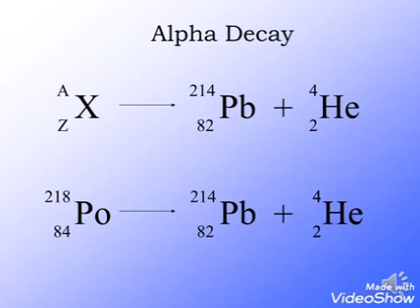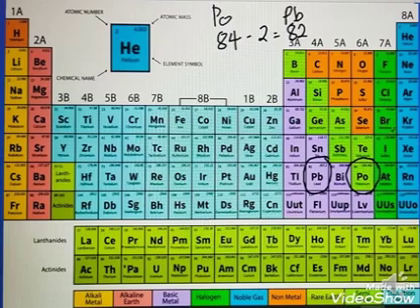Now, let us examine what element in the periodic table has 84 protons and 218 as its mass number. That is polonium. So let us proceed to the next page to find out in the periodic table if this is correct. So you will see here the two encircled elements.